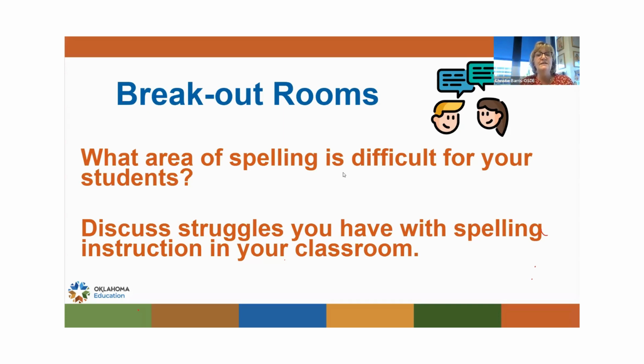Now, as far as worksheets and stuff, you have to just make a decision as a teacher. Okay, we've already learned this spelling pattern. So yeah, you better spell it right on this worksheet. And if we're doing a phonics sheet, yeah, you have to spell it right. But if it might be in science and social studies, as long as they can get their point across, and maybe it's words they haven't learned to spell, then I wouldn't take off for spelling on that.